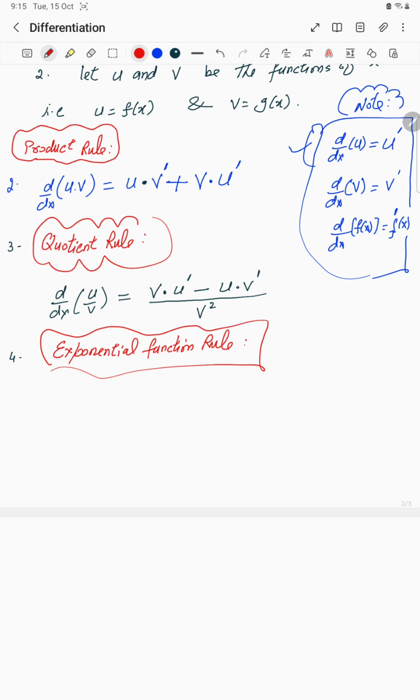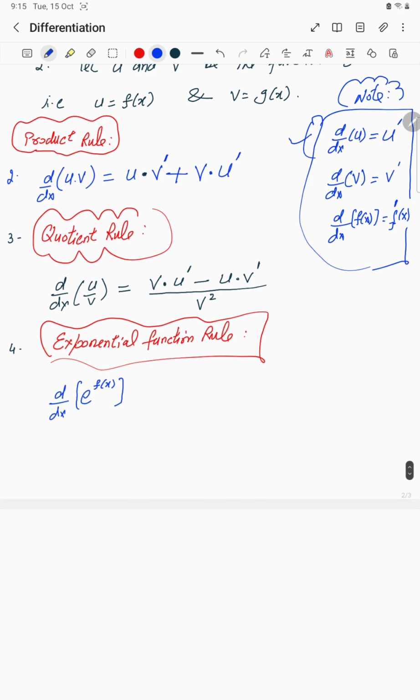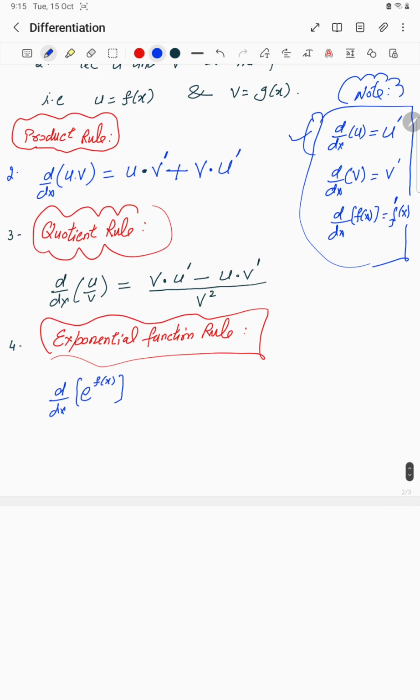We have two types of this, and we can say the differentiation of e raised to power x. Instead of x, I will write e raised to power f of x. In the exponent we have the function, and the base is e.